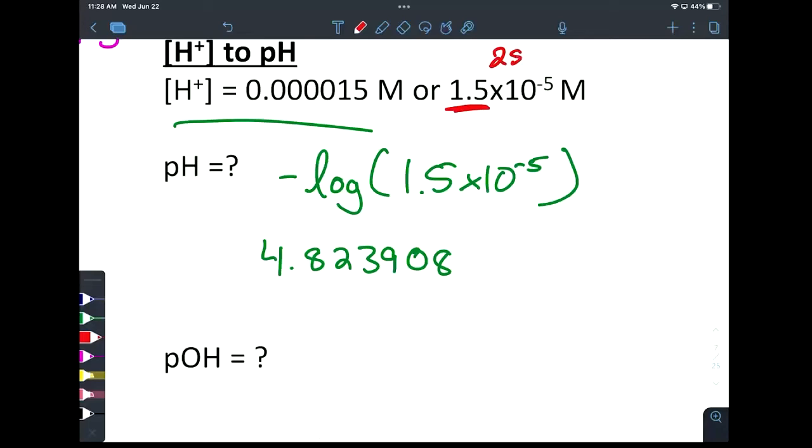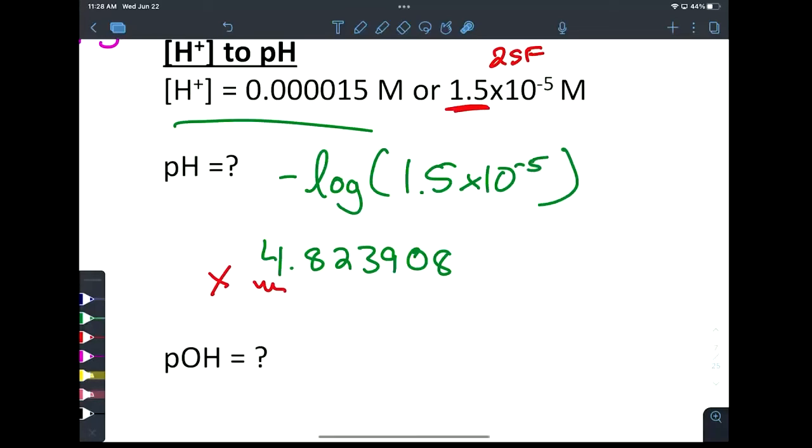When you take a log of something, I made a mistake before when I said it doesn't have sig figs. We ignore the sig figs in that 4. The reason is that 4 just tells us how big or small the number is. That 4 is related to the negative 5, the exponent.